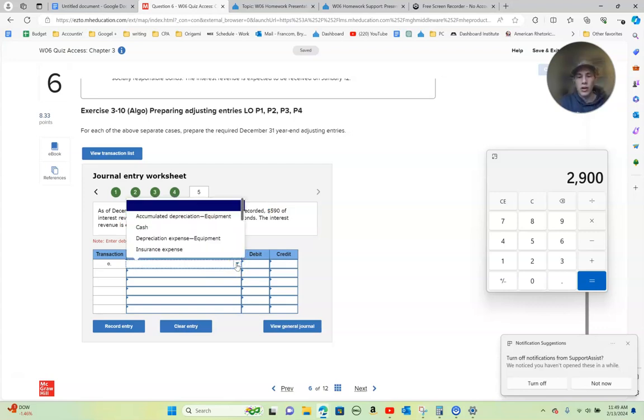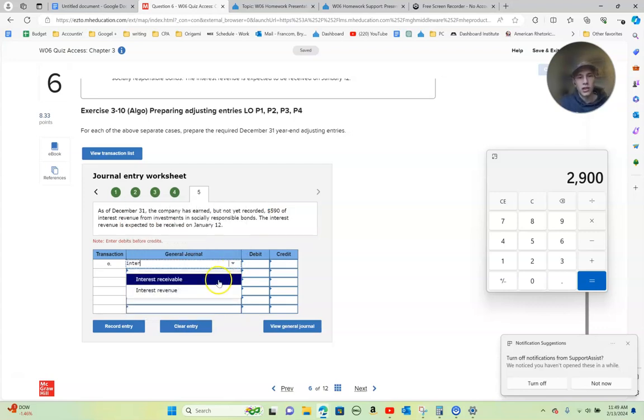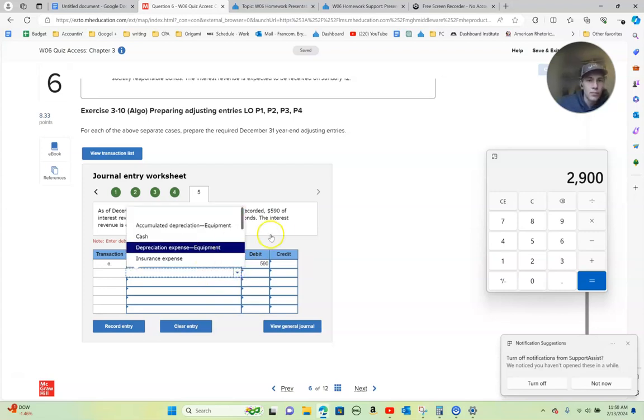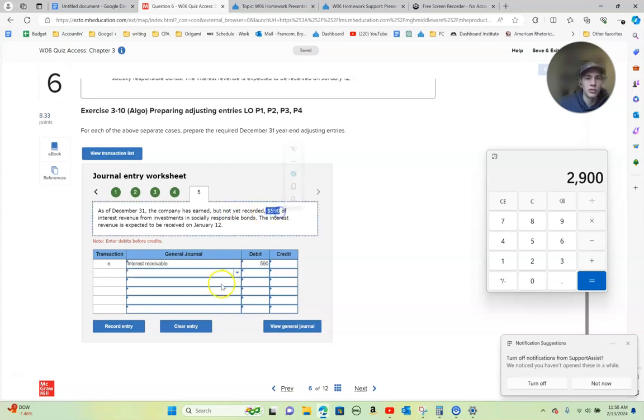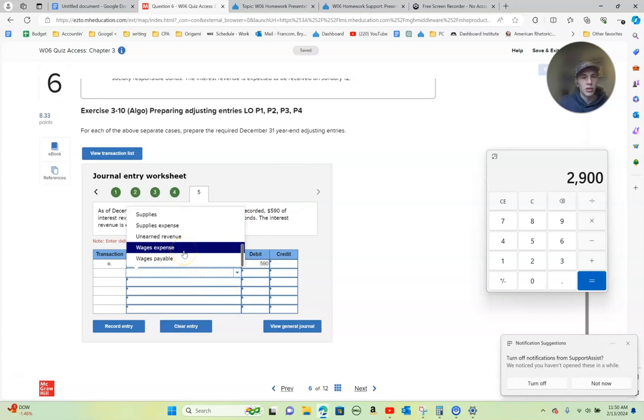So they have interest receivable, right? They're able to receive $590 of interest. So that is an asset. They have that going towards their name. And then we need to put in that revenue, right? Because they did earn it. That is a revenue. Interest is a revenue. So we need to put in that wherever it is.